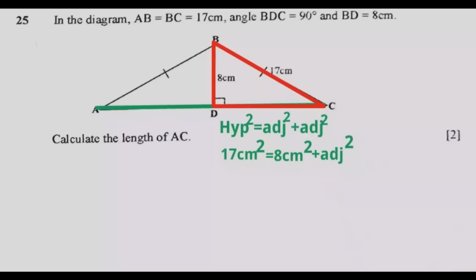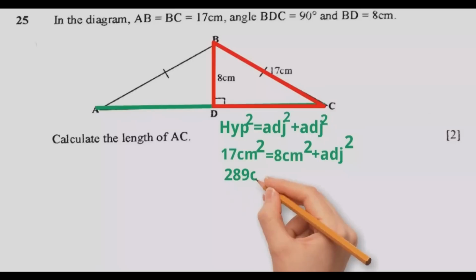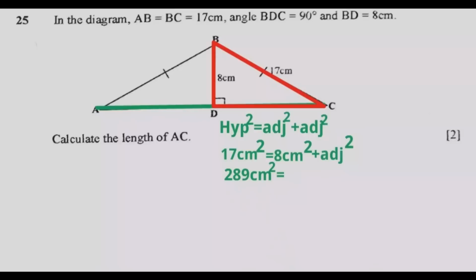Then I evaluate 17 squared, which gives me 289, equal to 8 centimeters squared, which is 64 centimeters squared, plus adjacent squared.